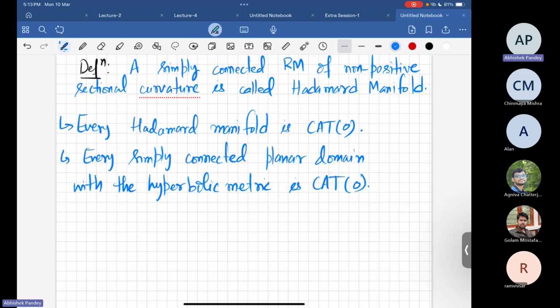Here I want to mention two more important examples, which are a topic of current research, related to the CAT(0) geometry.